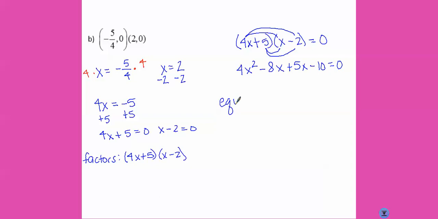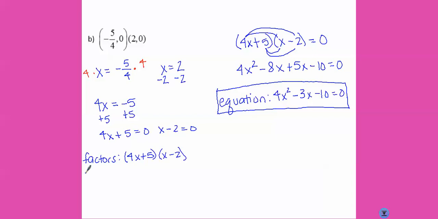So my equation would be 4x squared minus 3x minus 10 equals 0. So I've got my equation, and I've got my factors.